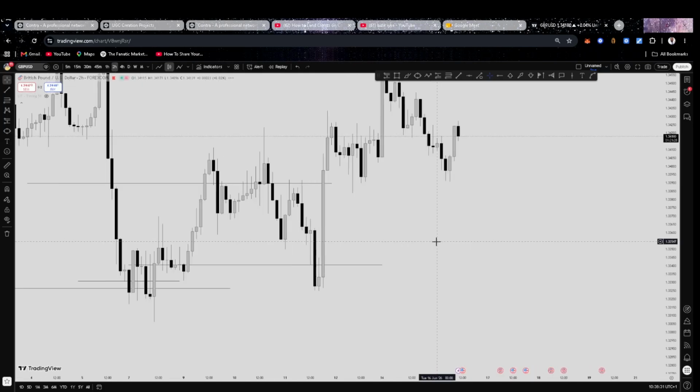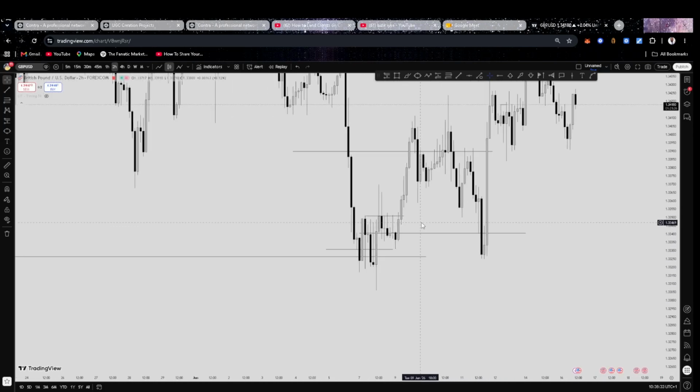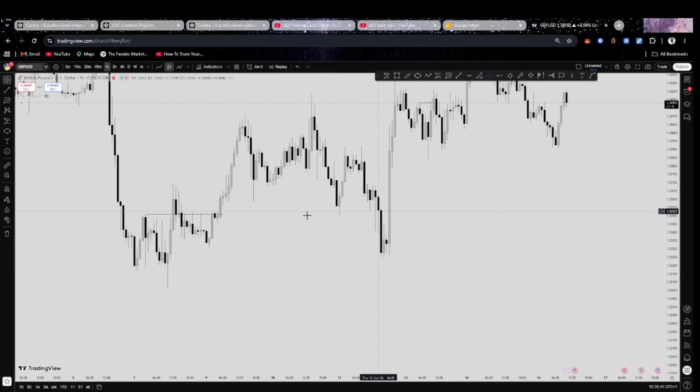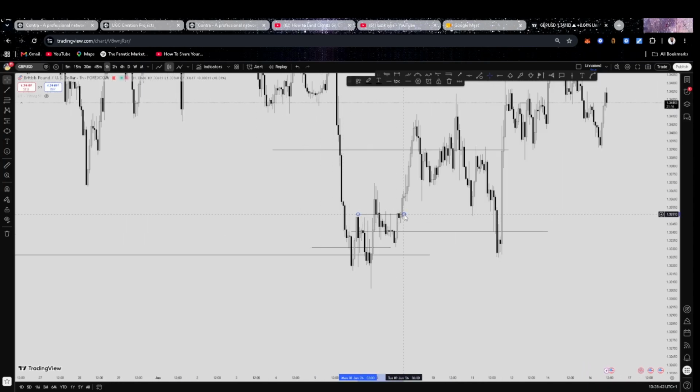Now let's go to the 2 hours time frame to see. On the 2 hours time frame, we can see this is a key level right here. Now let's go to the 1 hour time frame. Can you see, this is the structure we talked about.